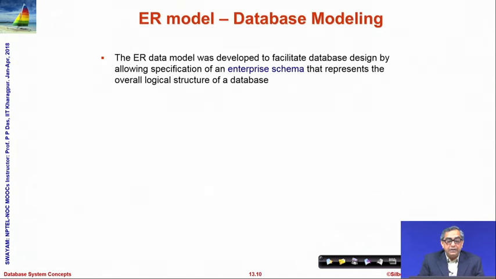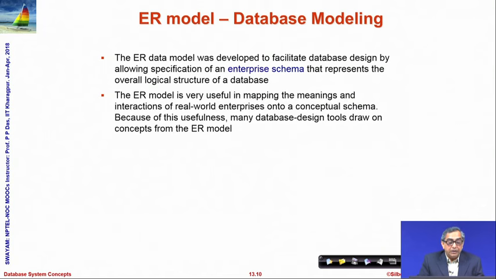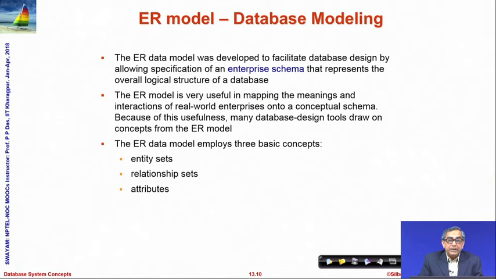The entity relationship model, as I said, was developed to facilitate database design and get the overall logical structure. It is useful in mapping the meaning and interactions of the real world into certain diagrammatic schemas, and it employs three basic concepts: entity sets, relationship sets, and attributes. We talked about entities: all entities that share the same set of properties, like if student is an entity, then the collection of students is an entity set.